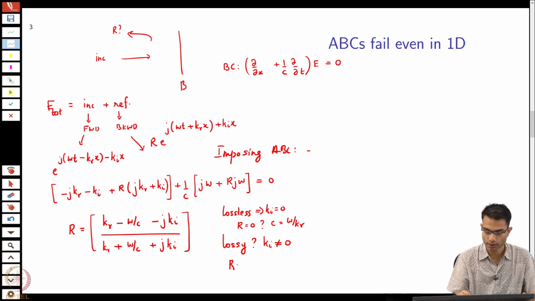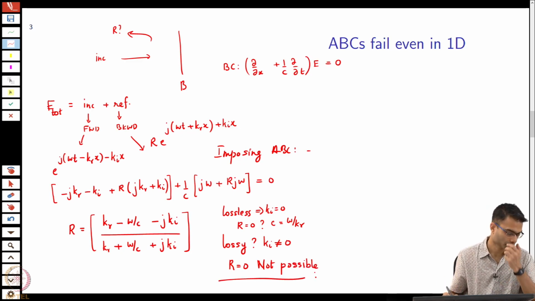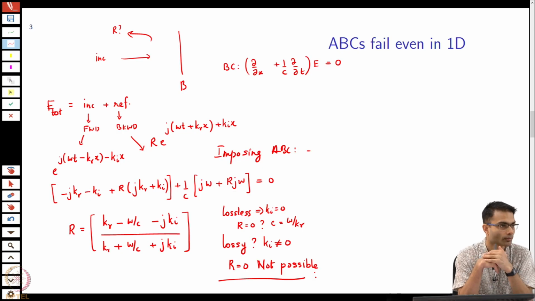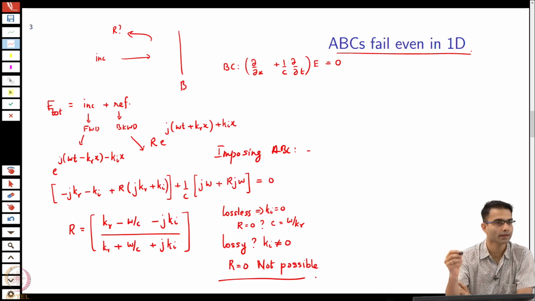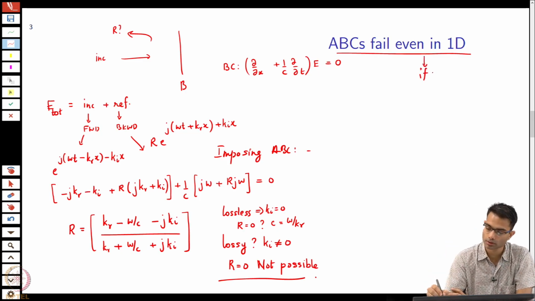So, r equal to 0 not possible. Okay. So, the conclusion is that even in a 1D, the ABCs fail if the medium is lossy.